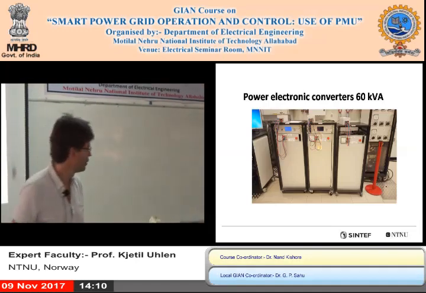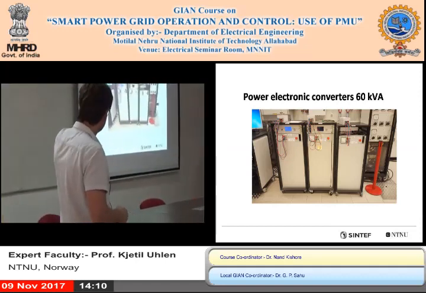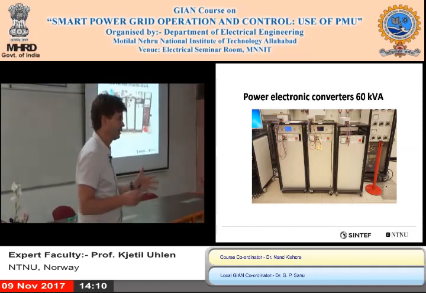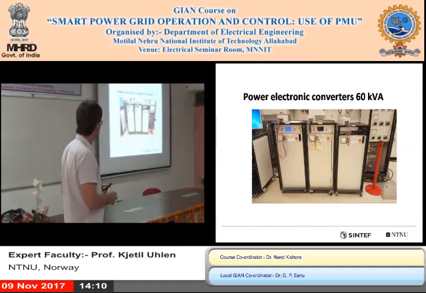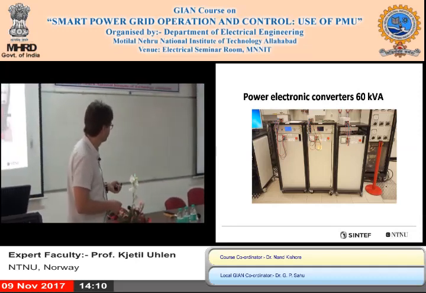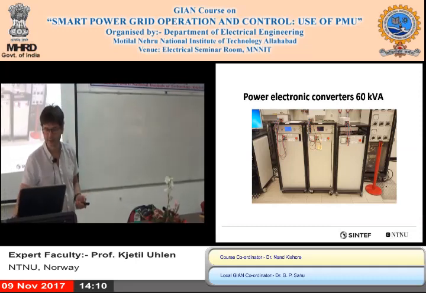We have a range of power electronic converters so that we can set up experiments with both AC and DC equipment. We have used this to simulate, for example, a 3-terminal DC grid connected to the AC system.